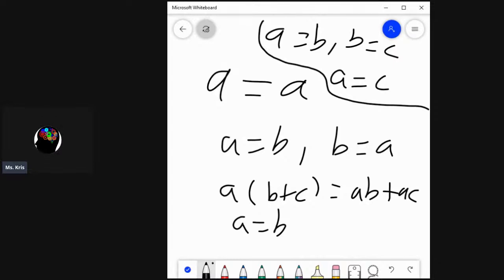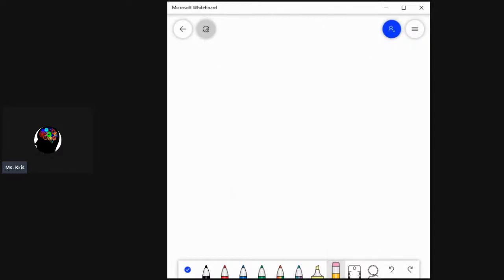So, when doing proofs with these types of properties, typically you are solving for X, solving for Y, solving for B, solving for C. So now, based on these properties, we can do a proof.